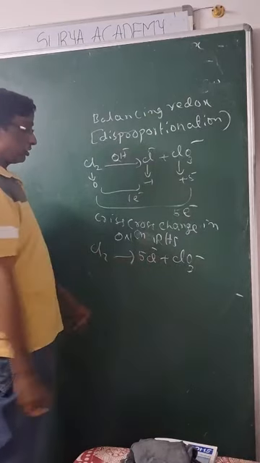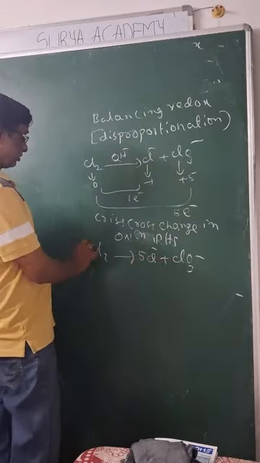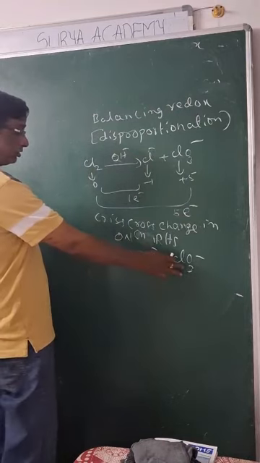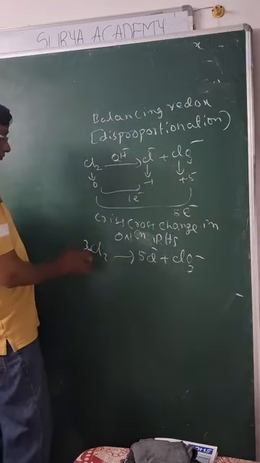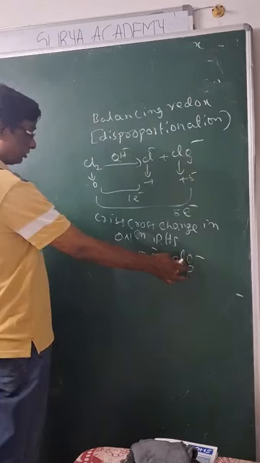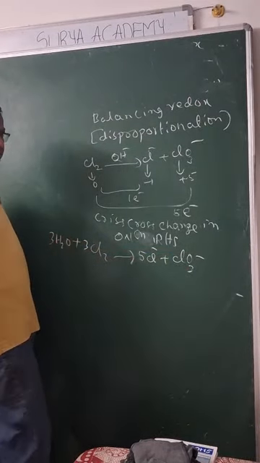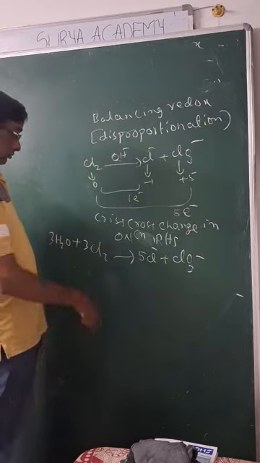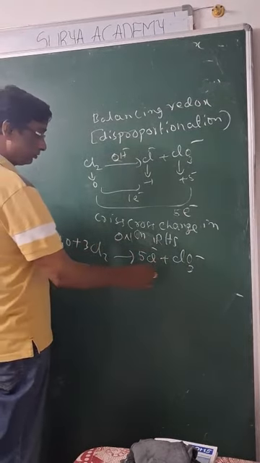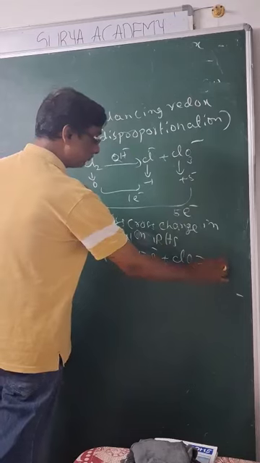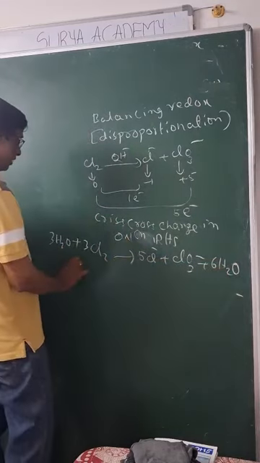How many chlorines are there? 6 chlorines. How many oxygens? 3 oxygens. To balance oxygen, add water.